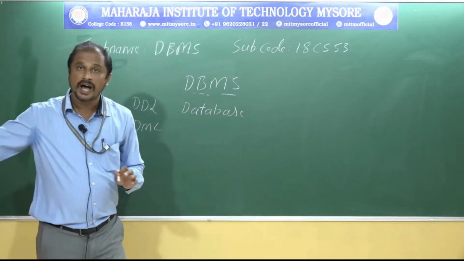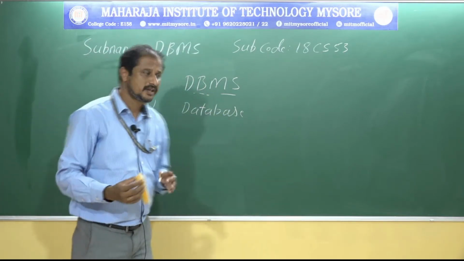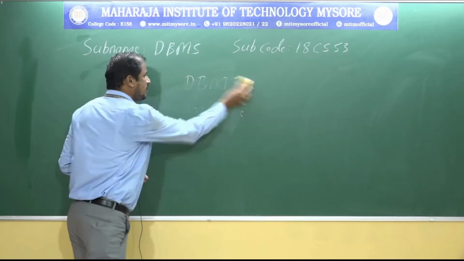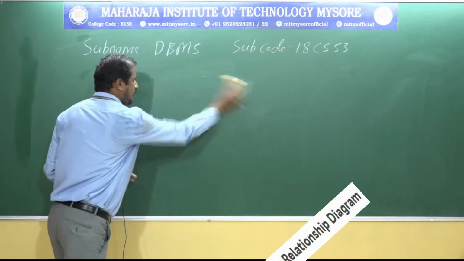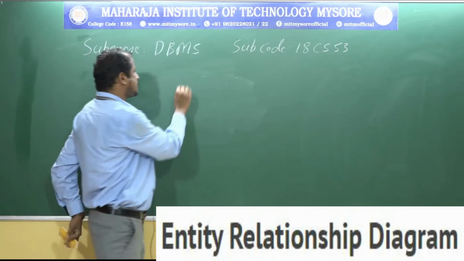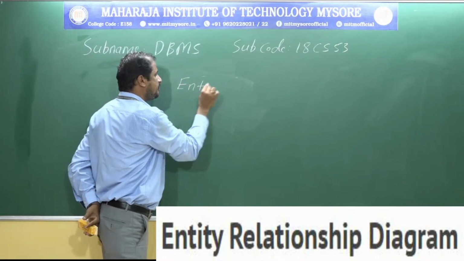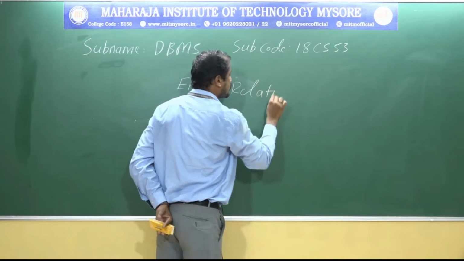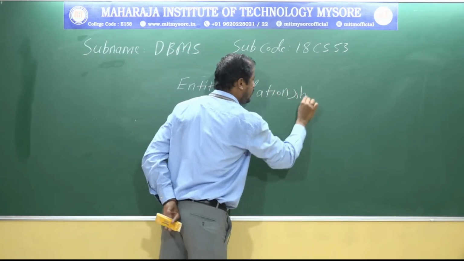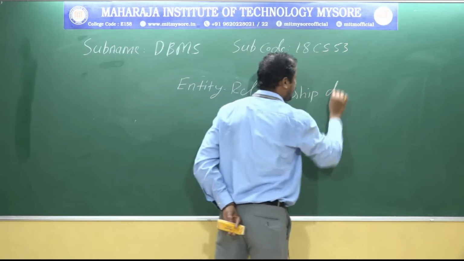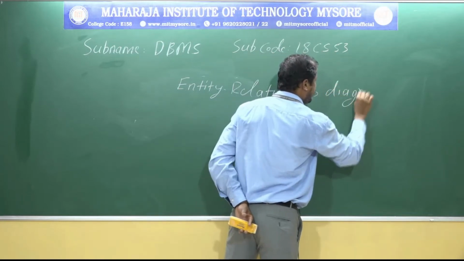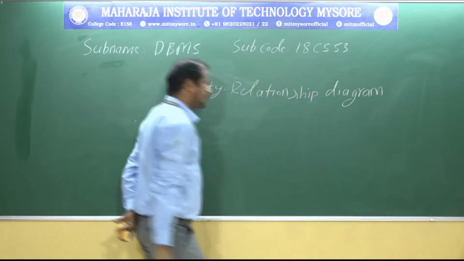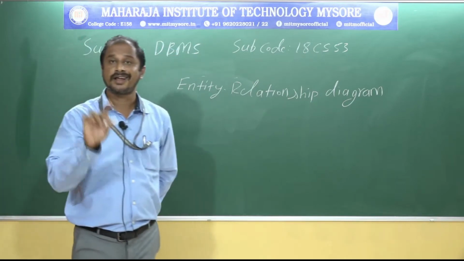Now I'll go with chapter 2, that is the ER diagram, the entity relationship diagram.